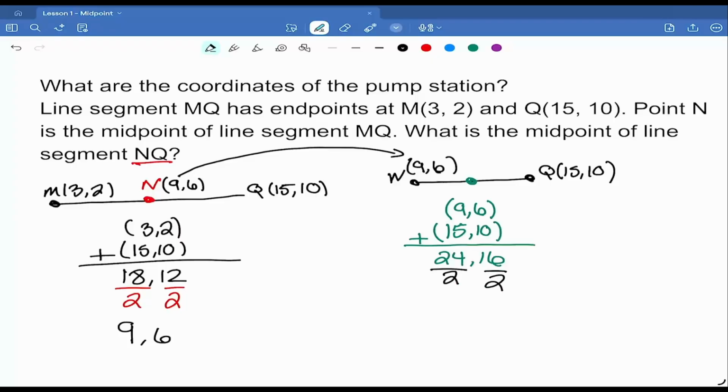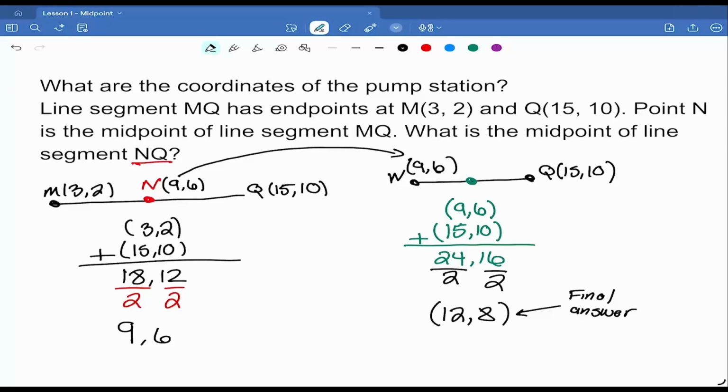So 24 divided by 2 is going to give me 12. 16 divided by 2 is 8. So the midpoint of NQ is (12, 8). So this one is our final answer that we had to get to solve this problem.